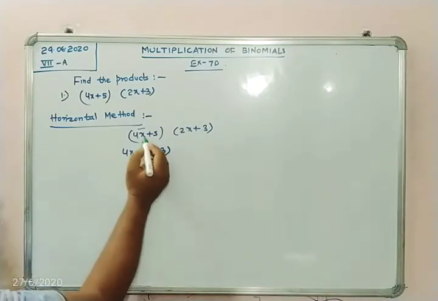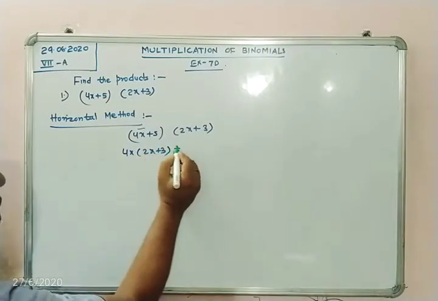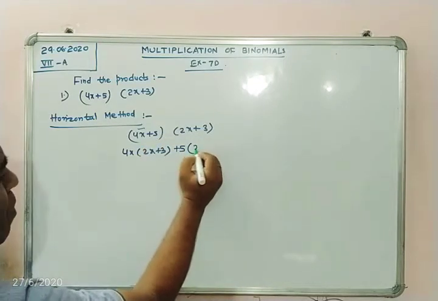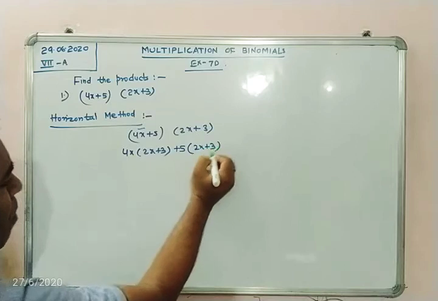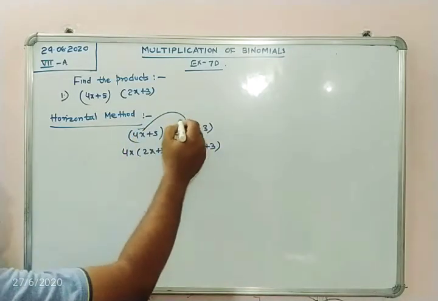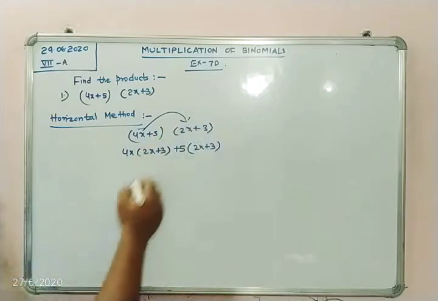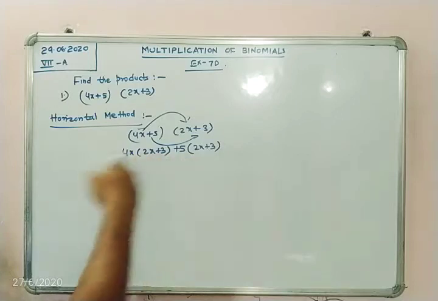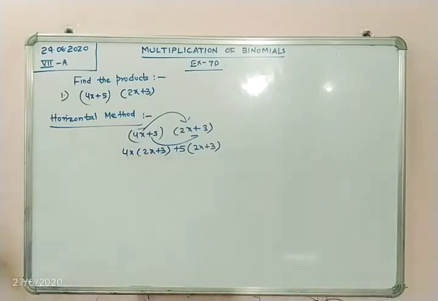Then I am going to write plus 5, and again this whole 2x + 3 is going to get multiplied. This 4x is getting multiplied with the whole of this, again plus 5 is going to get multiplied with the whole of the 2x + 3.